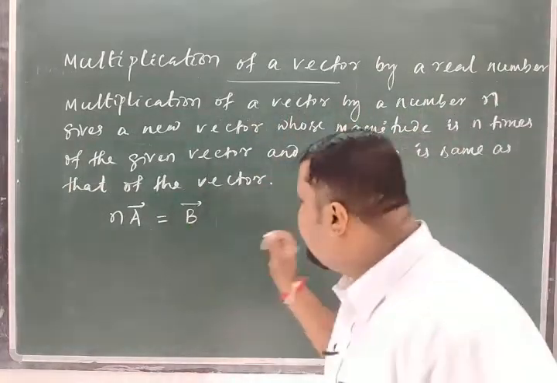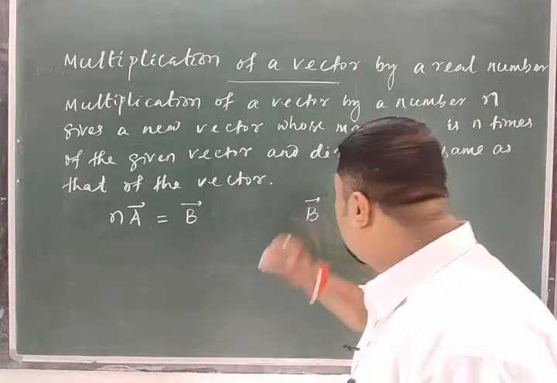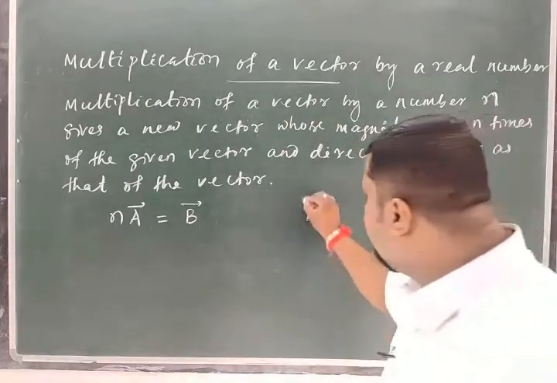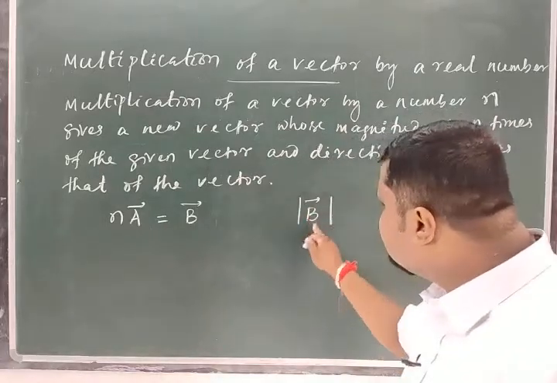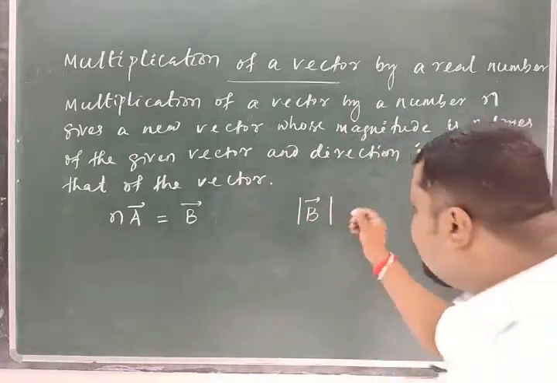For the new vector B, to write the magnitude we use the modulus. So this gives you the modulus of B, which means the magnitude of B. What is the magnitude of B?